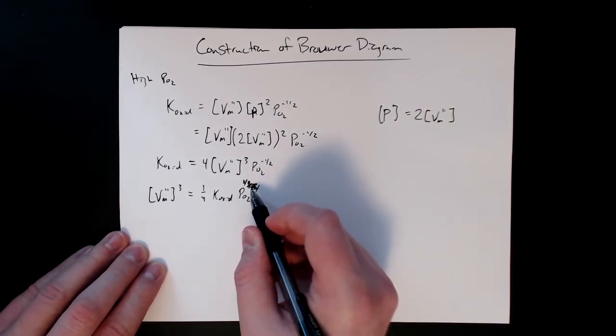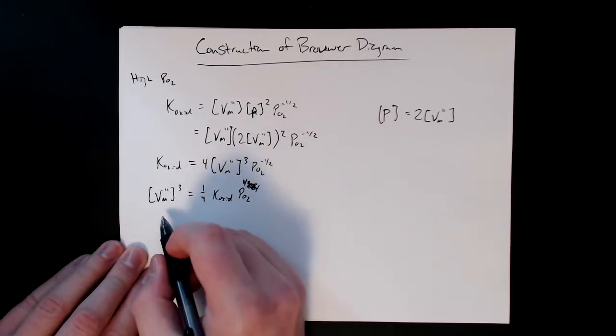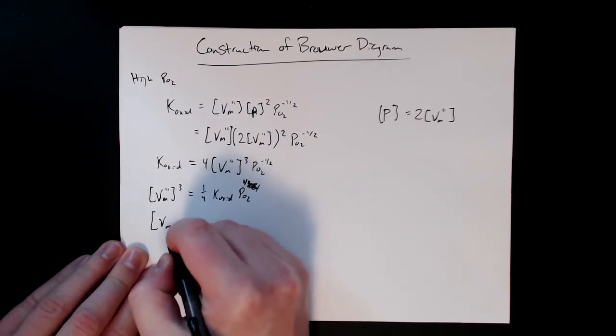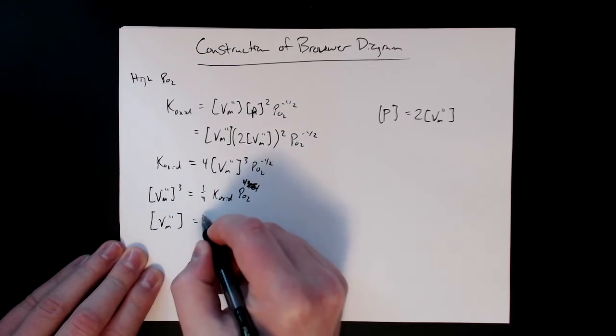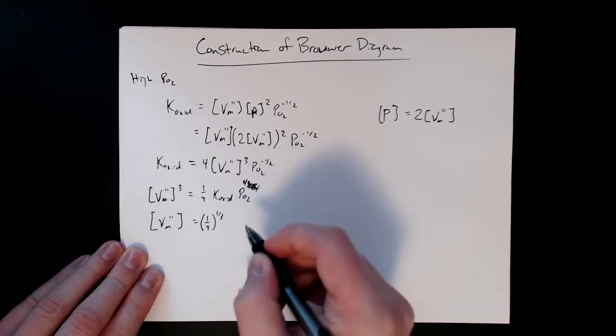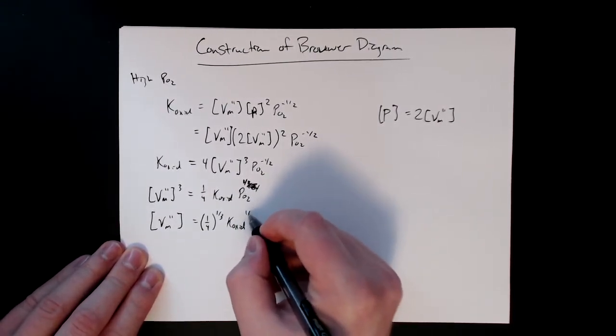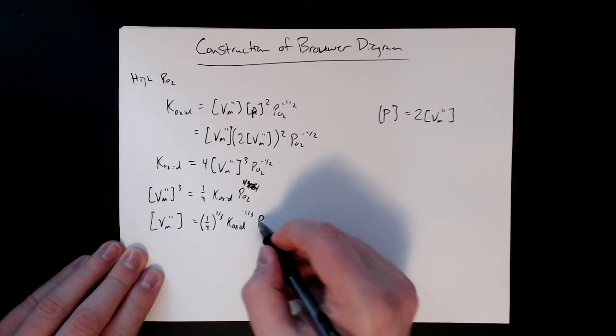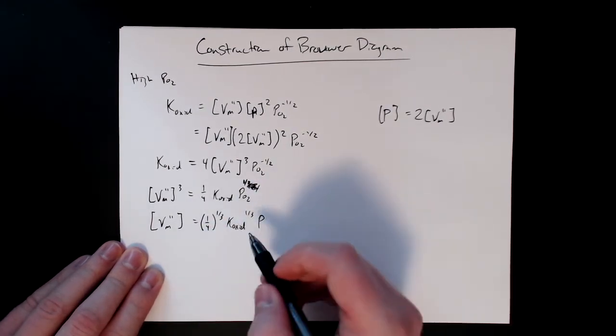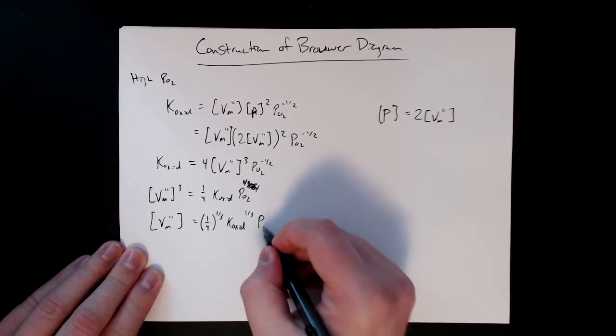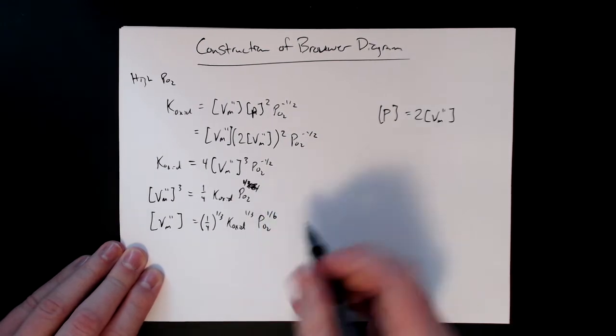Sorry for the confusion there. Okay, and then we take the cube root of this, and again we will get this, leaving everything as it appears, because this will all be a constant. And the incorporation of the cube root, the 1/3, means that we have PO2 to the 1/6.